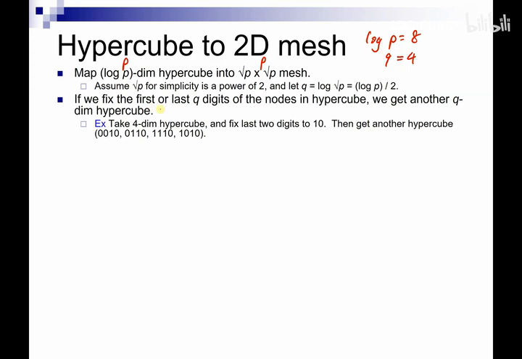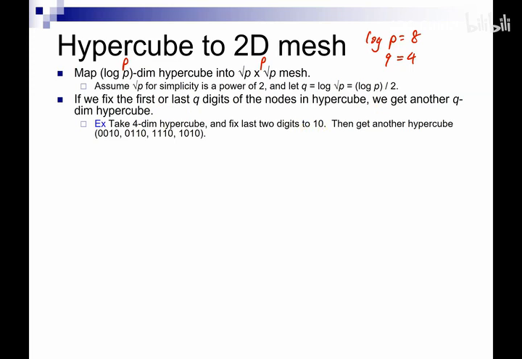Now let's consider fixing either the first or the last q digits of the nodes in the hypercube. When you do that, you get another q-dimensional hypercube. As an example, suppose you take a 4-dimensional hypercube and consider fixing the last 2 digits.